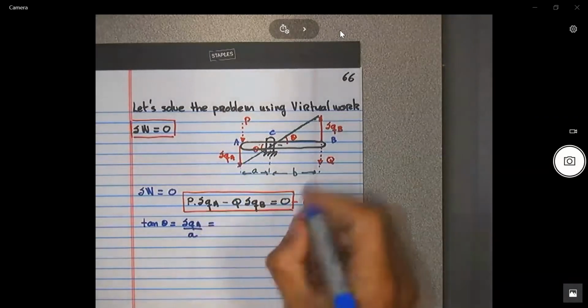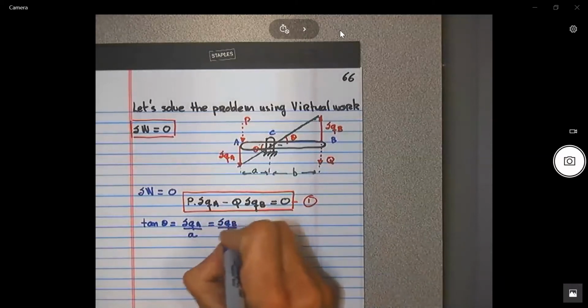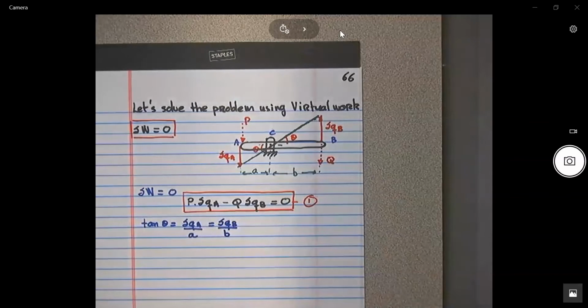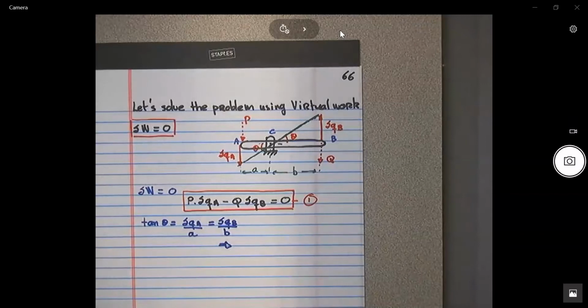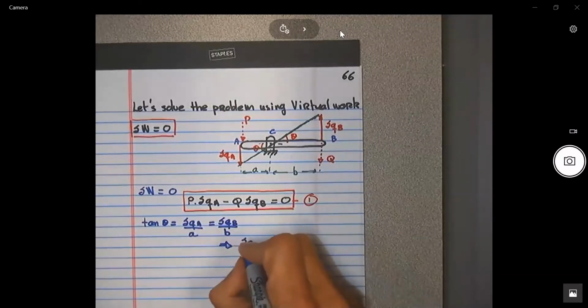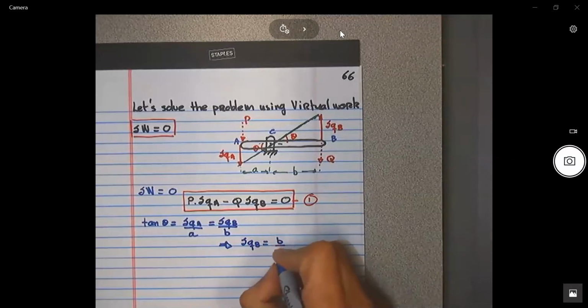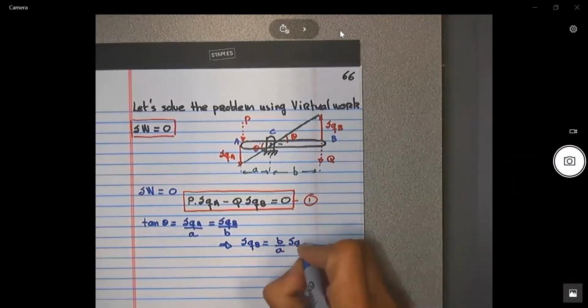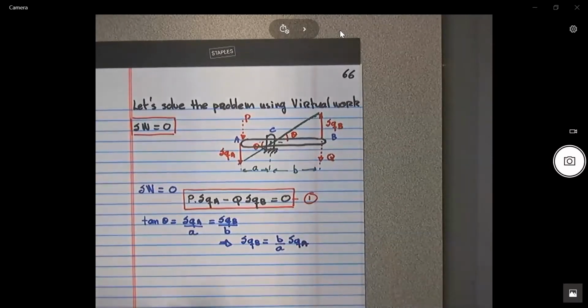This should also be equal, on the other side, to delta Q sub B over B. So this gives us the relation delta Q sub B equals B over A times delta Q sub A. Or we could just leave it under this form.